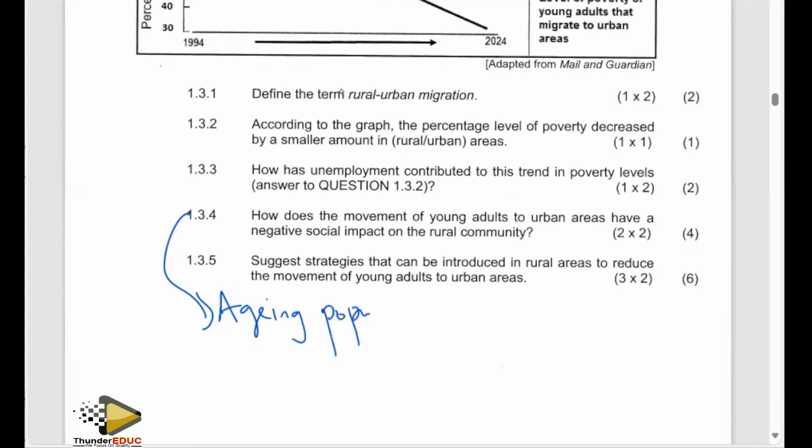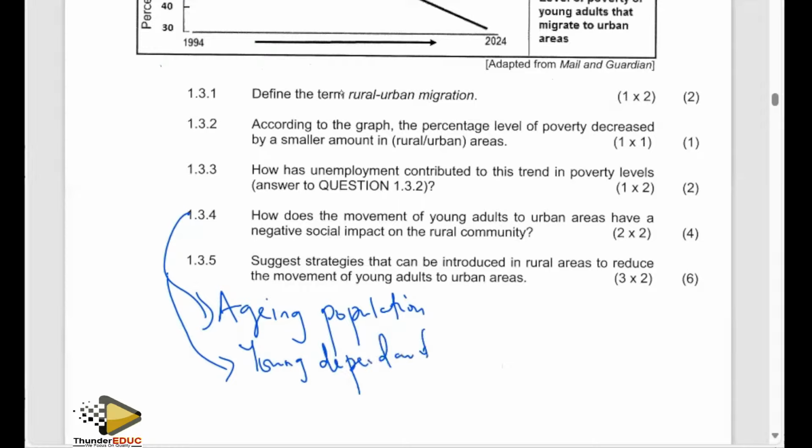The rural areas will now remain with people who are aged because those people are not moving. The young are the ones who are moving. So the aging population remains without support. They do not have physical support since the active ones are the ones who are moving out of the rural areas. And also you can talk of the impact on the young dependent.